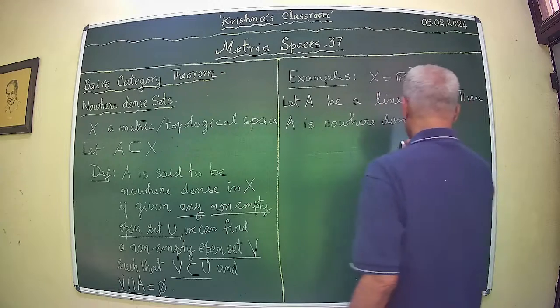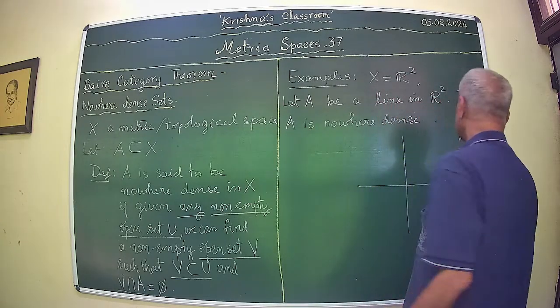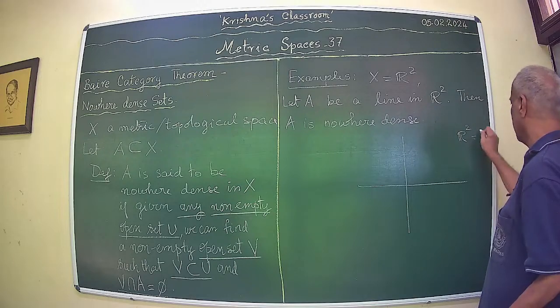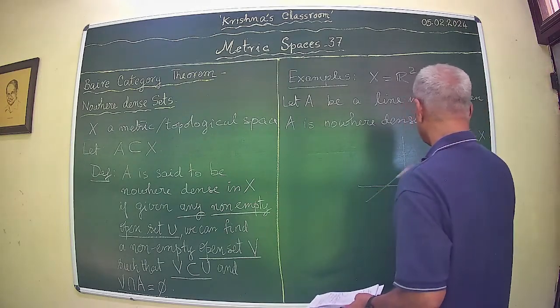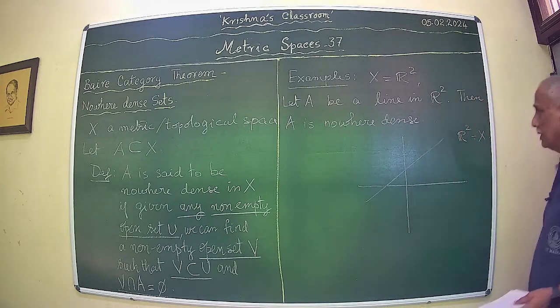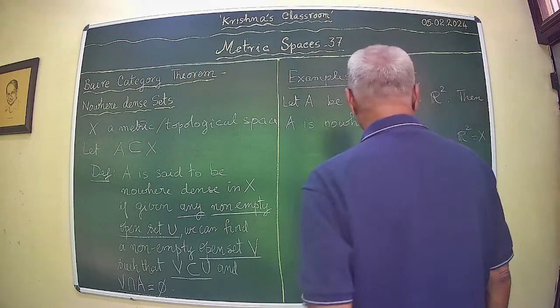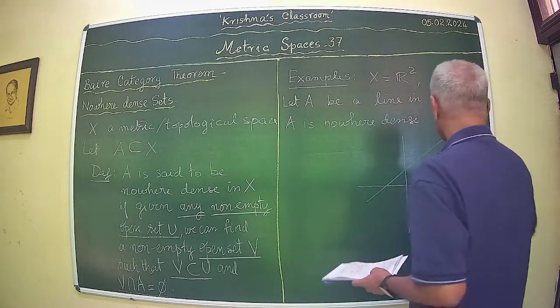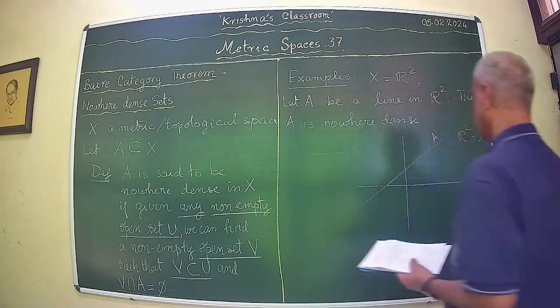So let us look at this. This is R2. This is your X. Now suppose there is a line. Even some curve, a one-dimensional curve would work. So let A be given by this line.